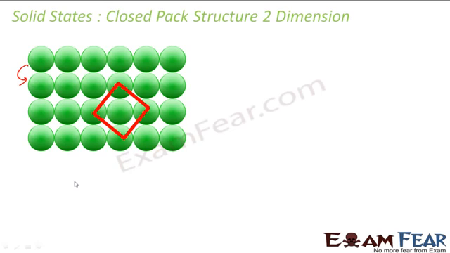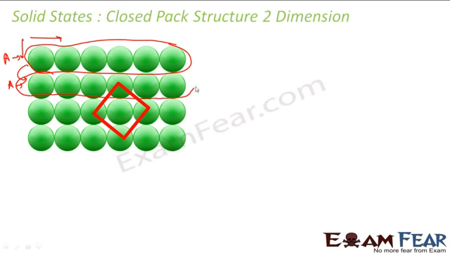All the spheres are aligned both horizontally and vertically. This is called the AA type pattern, because if this is my A, the next layer which I joined is also the same style, also A.